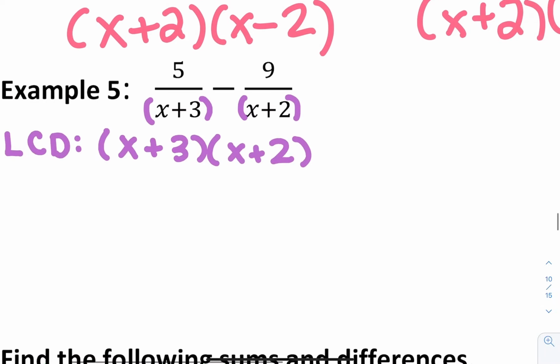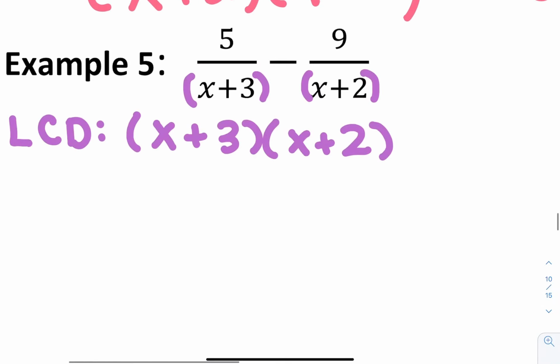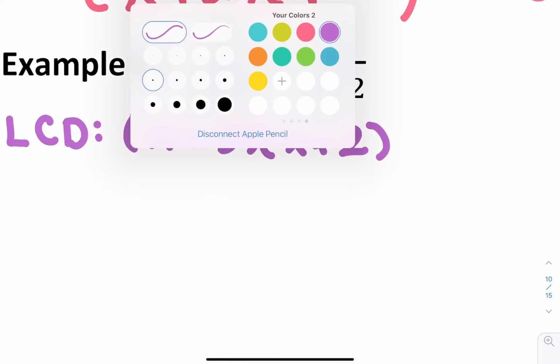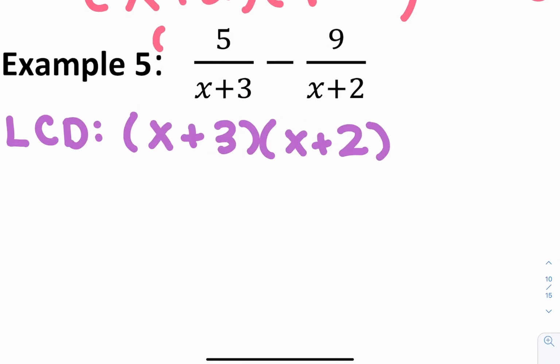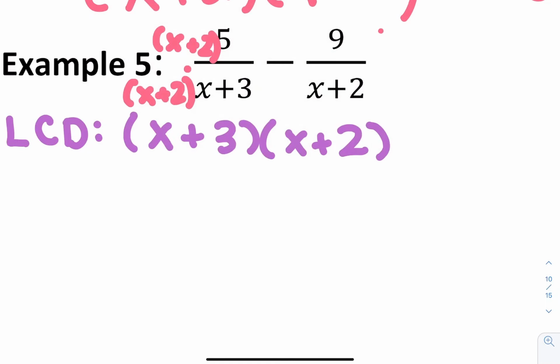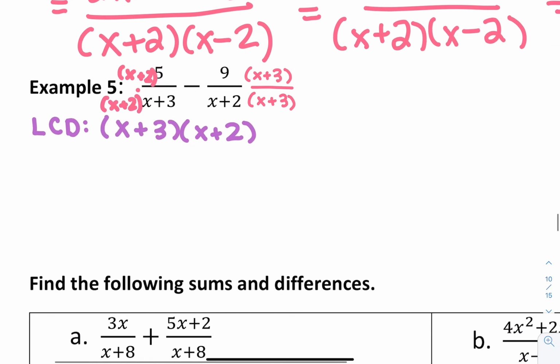Now I'm going to multiply by what they don't have. So this first fraction doesn't have the x plus 2. So I'm going to multiply numerator and denominator by x plus 2. And my other fraction doesn't have an x plus 3, so I'm going to multiply that numerator and denominator by x plus 3.